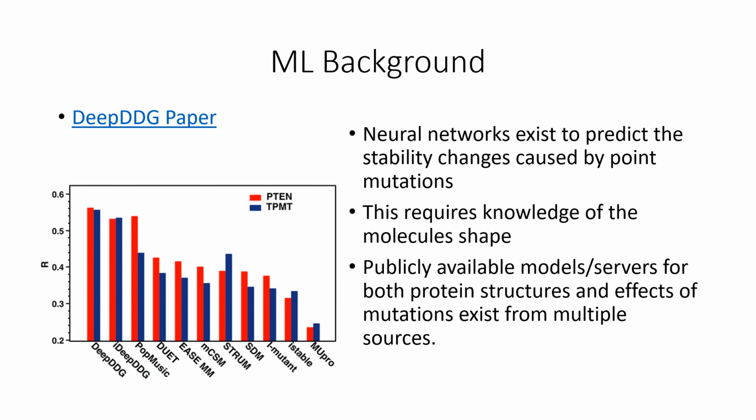Another less well-known result, but very relevant for some of the work that's being done here, is a different sort of neural network that comes out of a long line of neural networks, but it's by far the best performing, called deep DDG.